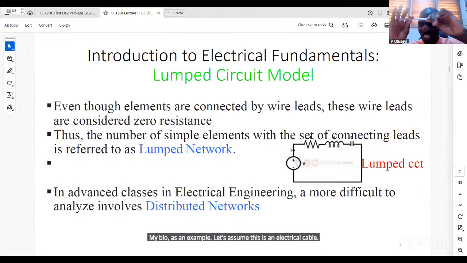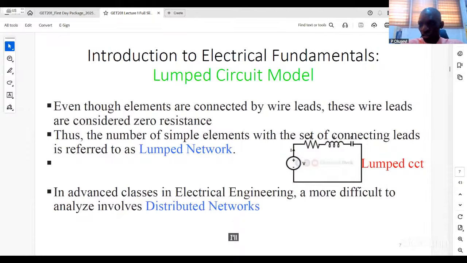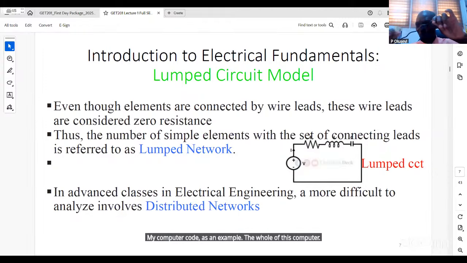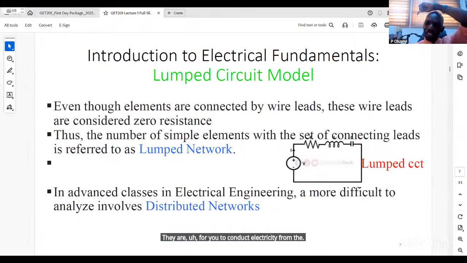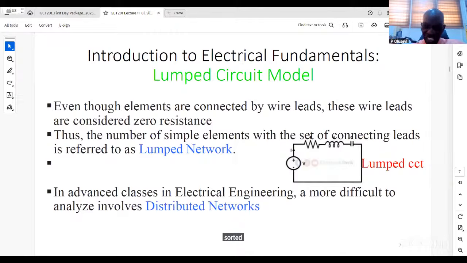Or let me use my computer cord as an example. The whole of this computer power cable, for it to conduct electricity from the socket to my computer system, there must be a flow of current through this cable.